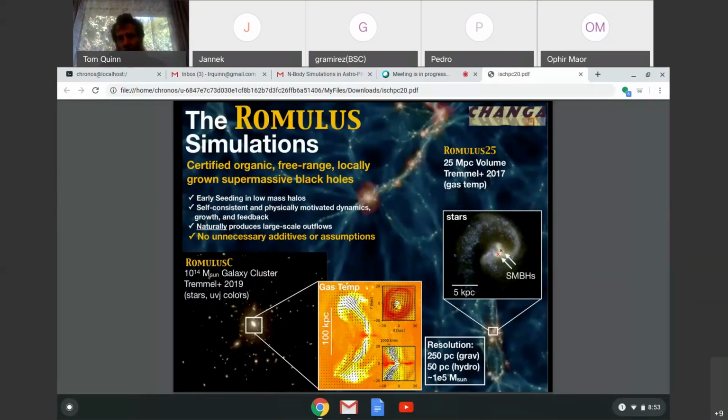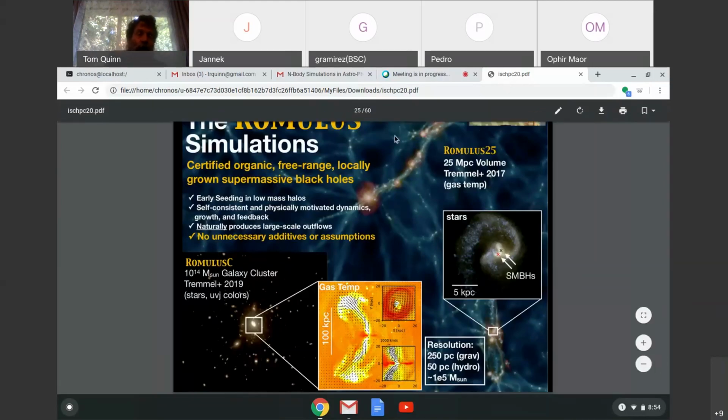We know our own Milky Way has one, and many of the galaxies locally have supermassive black holes, and they appear to be regulating the morphology and the formation of stars in galaxies. So we've run this set of simulations with ChaNGa on Blue Waters.